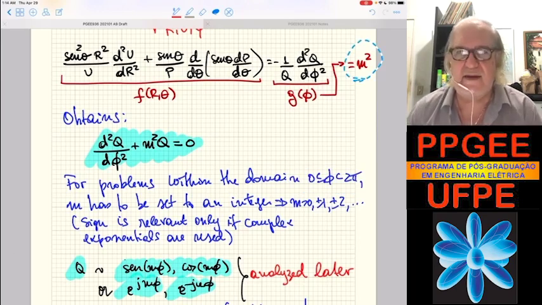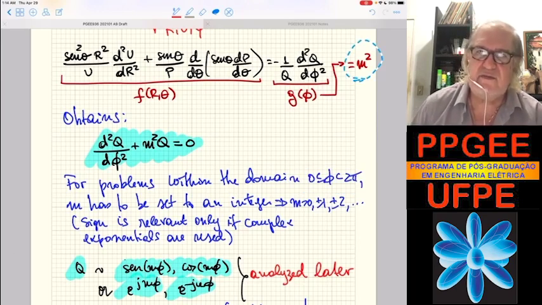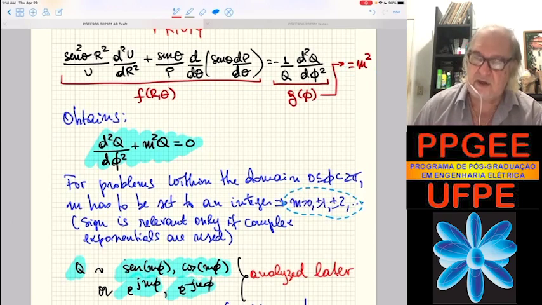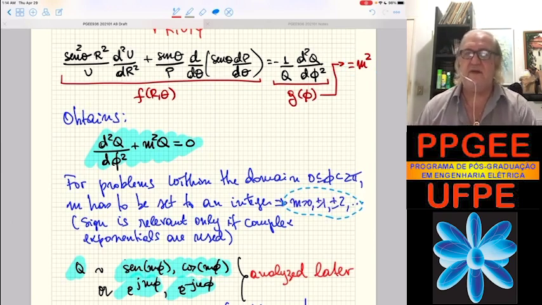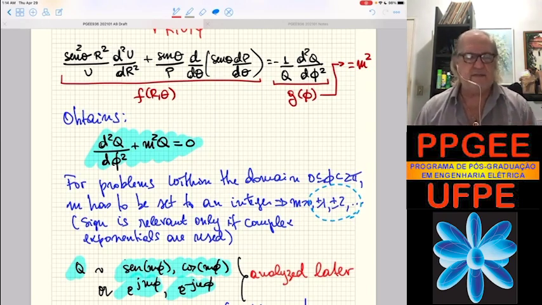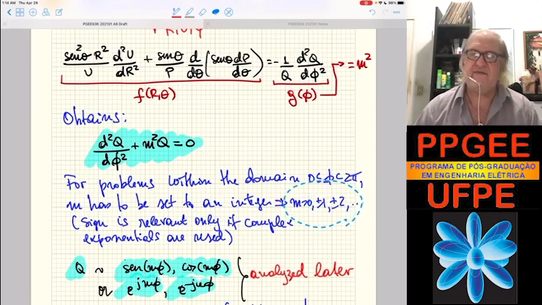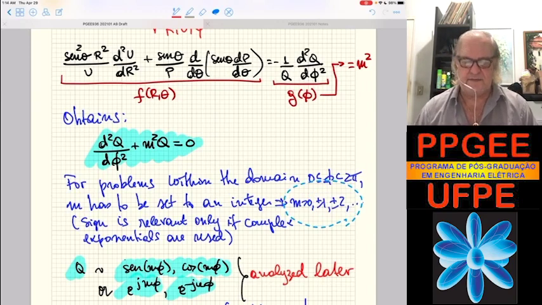We didn't say anything about the possibility of m being real or not. So m has to be an integer, including m equals 0, which is also possible, or a positive or negative integer. Okay, so if the whole domain is included, which is in most situations we have, then m is an integer.